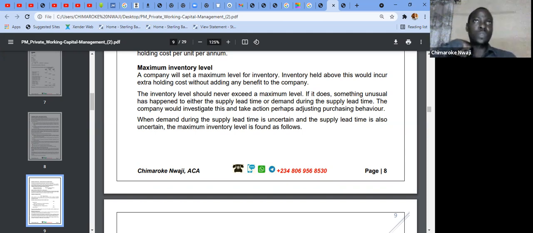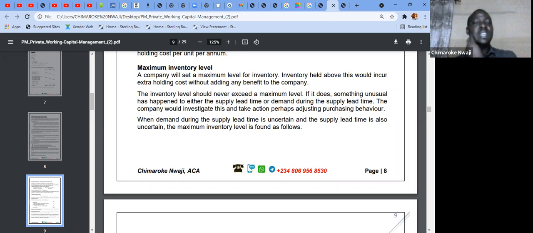So it means that what you may be doing is that if you make an order and you have determined your maximum level, you might set a conditional formatting in Excel that shows the level is getting high. Let's say 100,000 units is your maximum level, and it will be giving you a warning sign between 90 to 100.